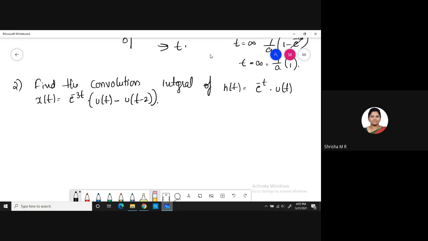You have to find the convolution integral of h of t and x of t. You have to find y of t.